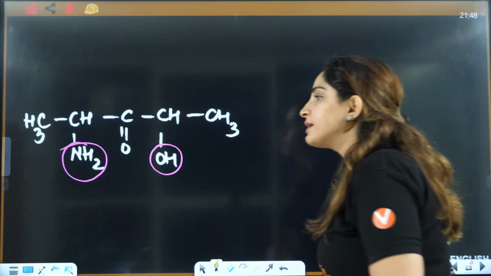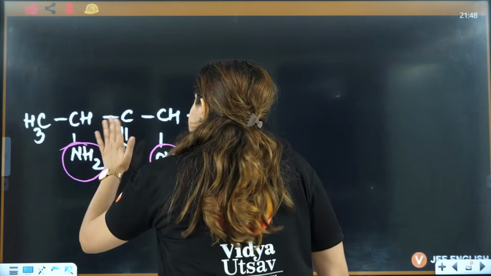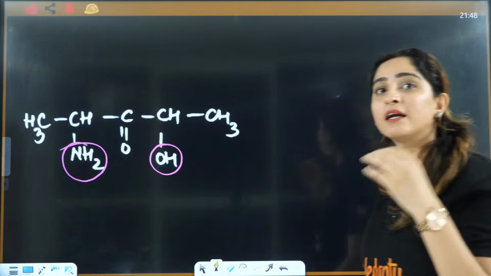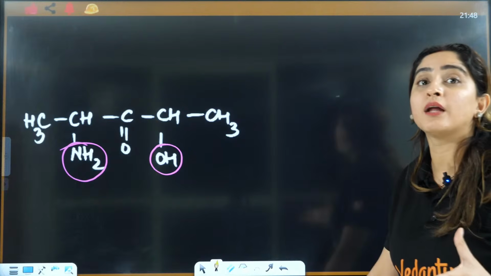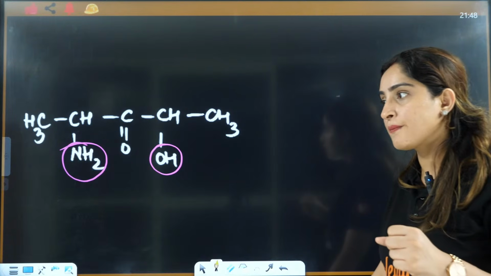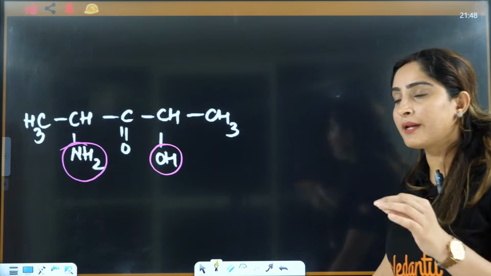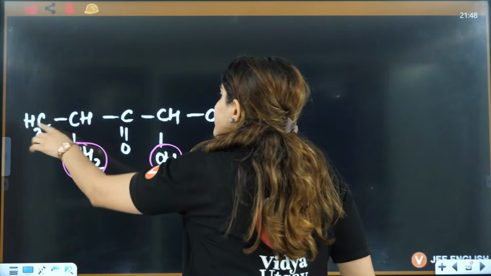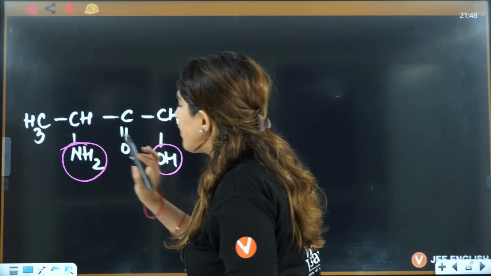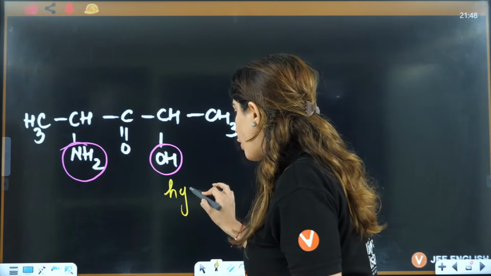If the numbering you are doing from this side or this side, that is different. How you do the numbering matters a lot, right? So if you are doing numbering from this side, here you will have amino, here you will have hydroxy.